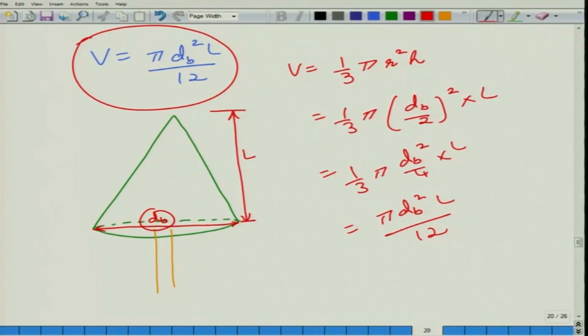So essentially when we are trying to measure the surface area of the crown, and by the surface area we are referring to the lateral surface area, or the volume of the crown, then we can use these equations of the cone. Now, why is this important?